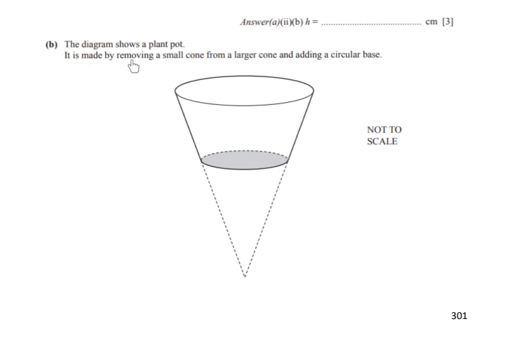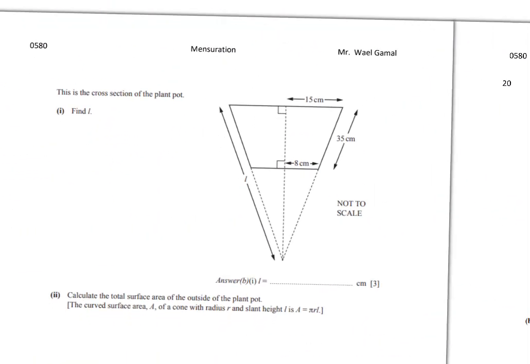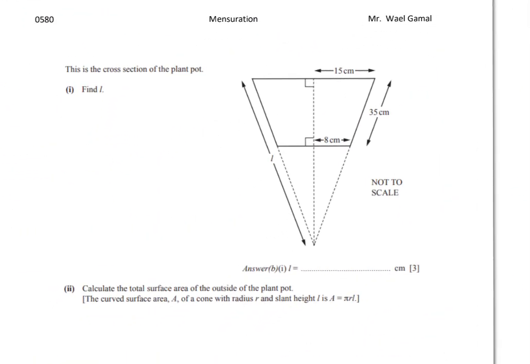It's made by removing a small cone from a larger cone and adding a circular base. This is the cross section of the plant pot.